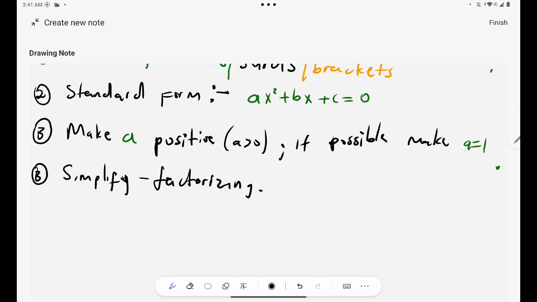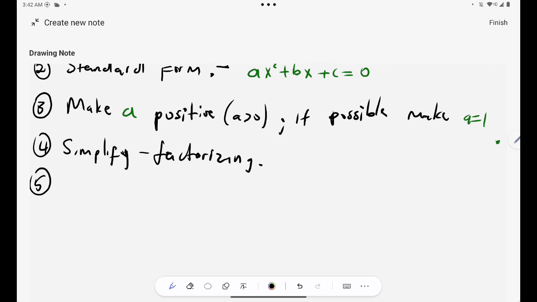Then step number 5, there's a rule that we use, né? The rule states that if you have two things multiplying and your answer is 0, it simply means that the first thing could be 0 or the second one could be 0.